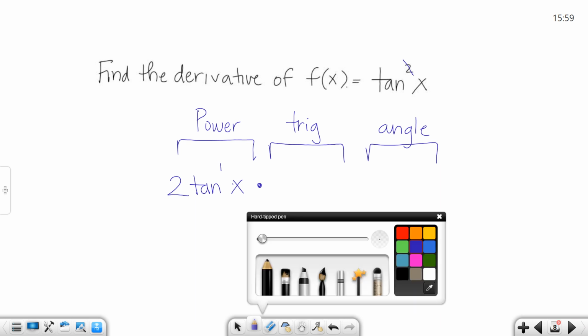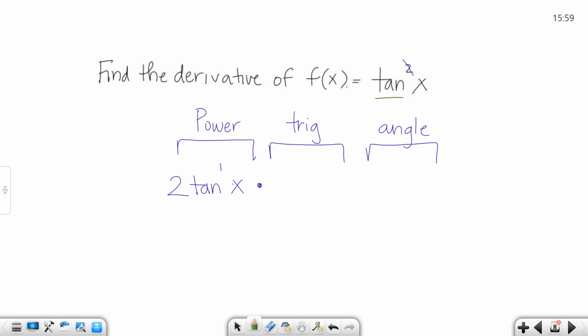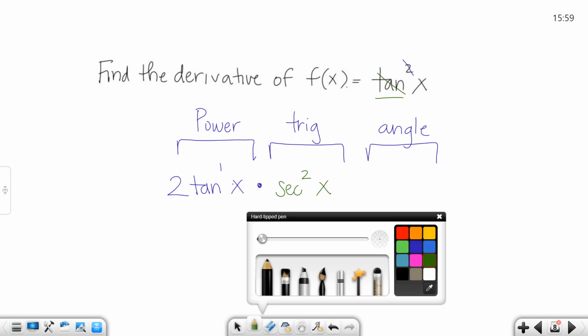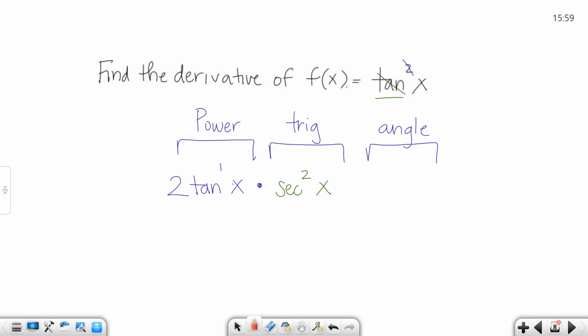The second step that I'm going to do is I'm going to take the derivative of the trig. So the derivative of tangent is secant squared. So this would be secant squared of the angle, and the angle here is x. That takes care of this piece. So the last piece is the angle.